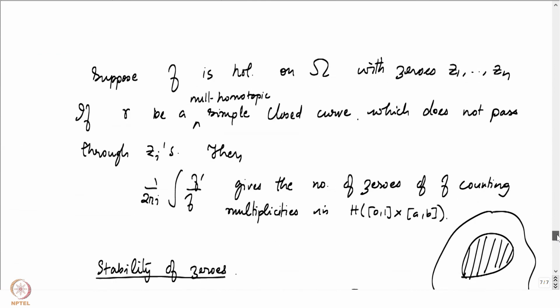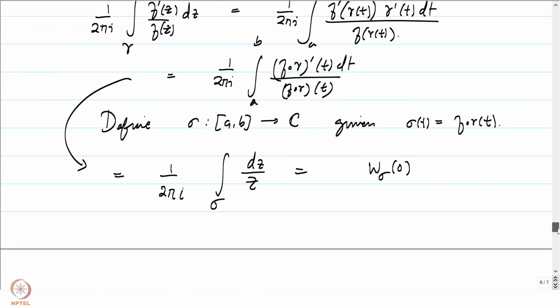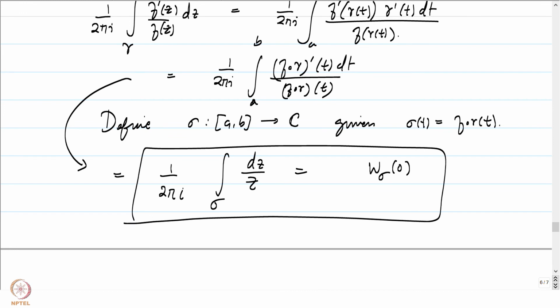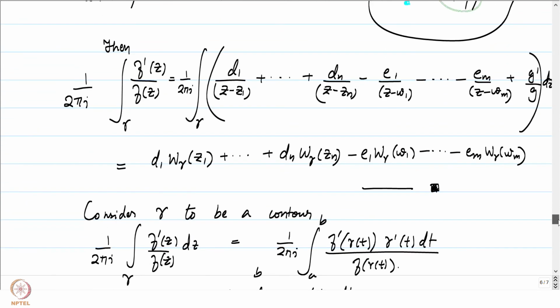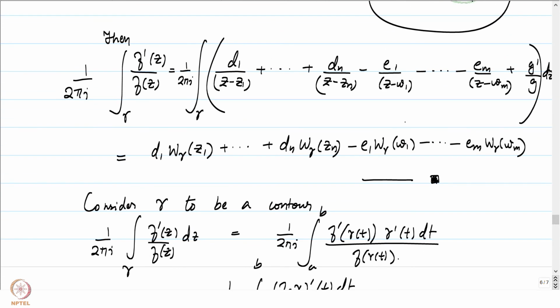We will see that the number of zeros, this integral, is being captured by the winding number of sigma around 0, right. That is precisely capturing the number of zeros along with multiplicity. So, let me just note that down.